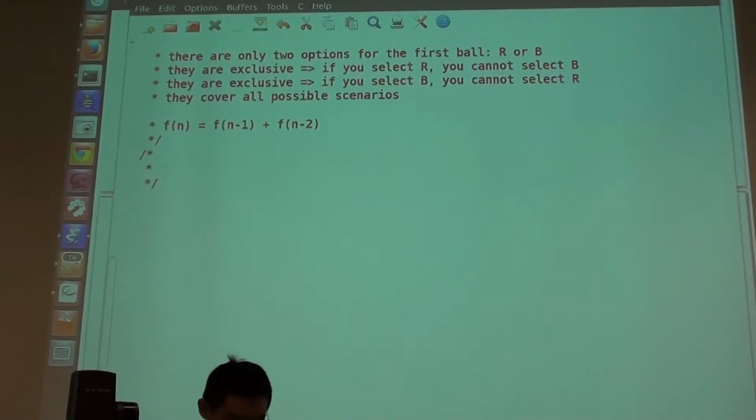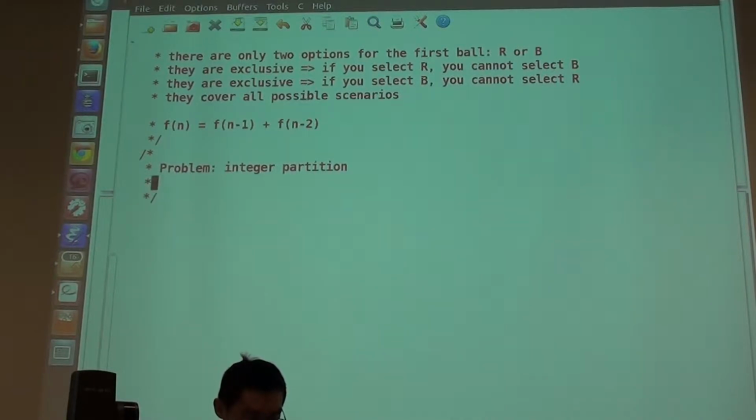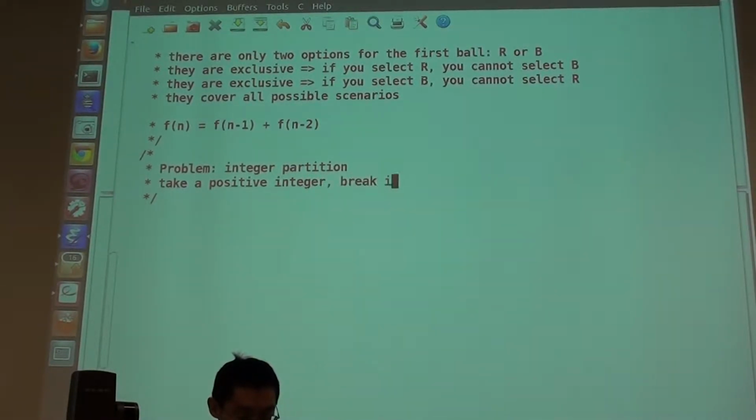Okay. So the problem is this: you take a positive integer and break it into the sum of some positive integers.